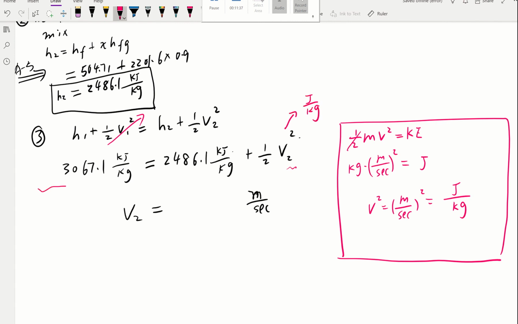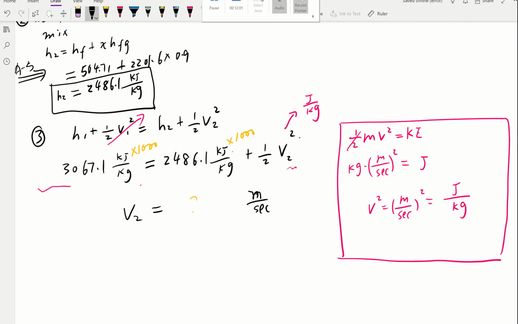However, in this equation, the rest of the terms are in kilojoule per kilogram. So that's why we need to pause before we put it into the calculator, right? We have to make sure this is going to be times 1,000, and this term will have to be times 1,000, okay, to find our V2.